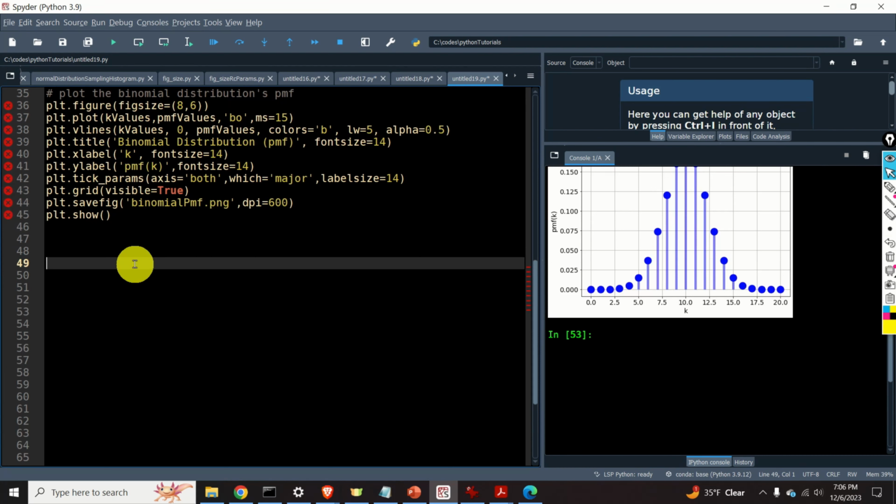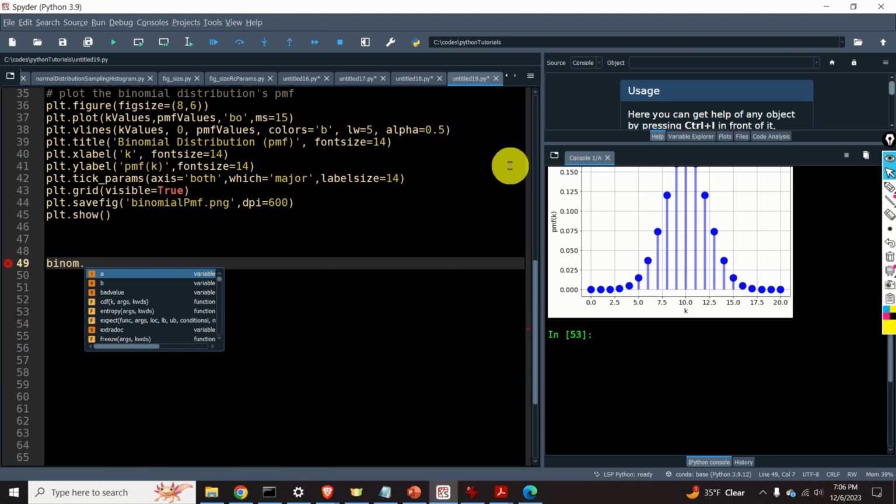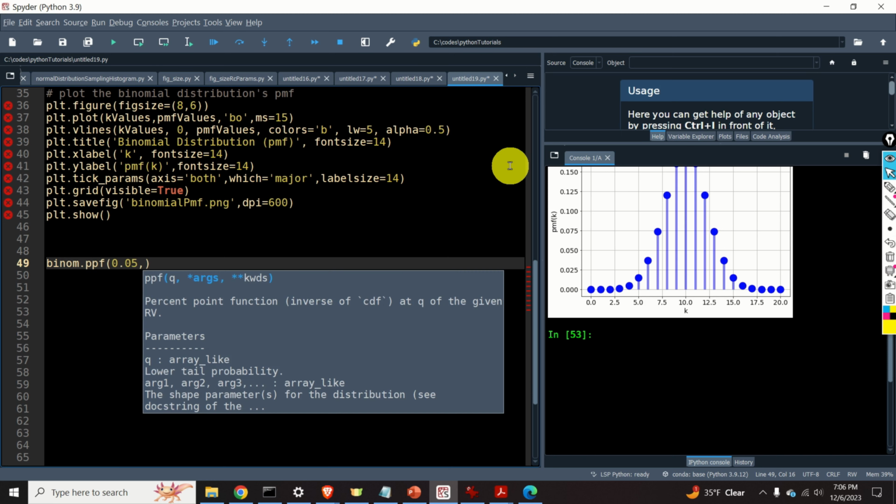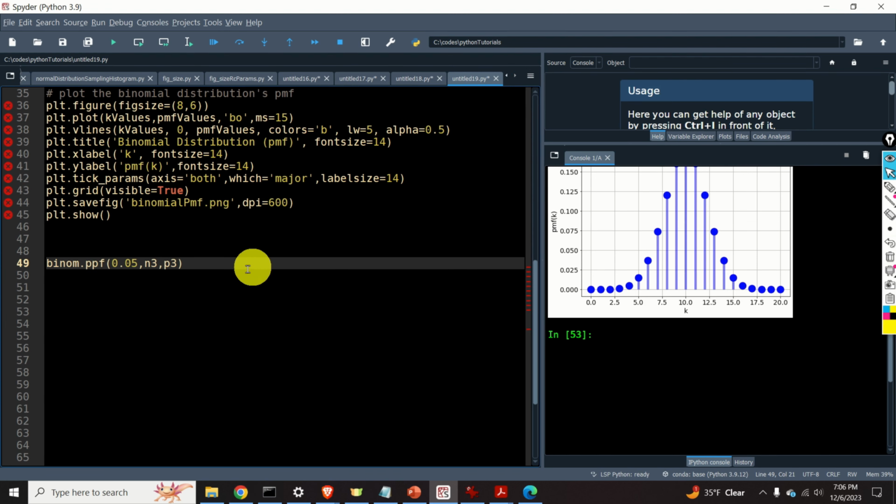Next, let's learn how to compute the percentiles of the binomial distribution. Piece of cake. We just need to type binom, then we need to specify ppf as a function. We specify the percentile. For example, if we want the 5th percentile, we will put here 0.05. We specify n value, we specify p value, and let's see the output.